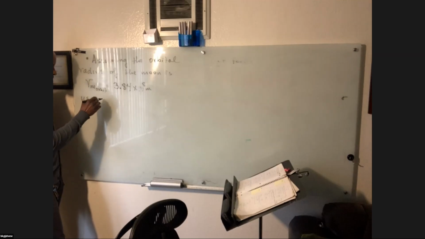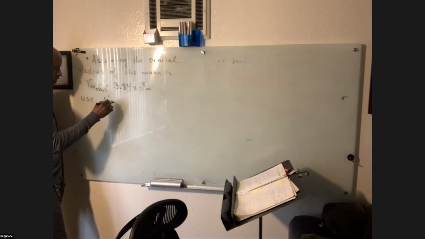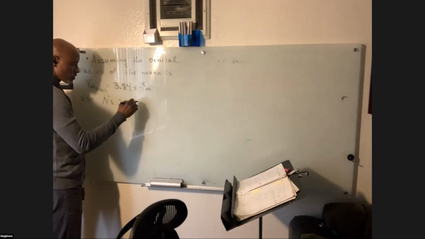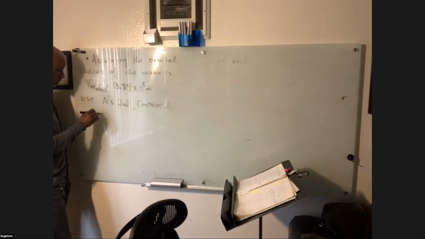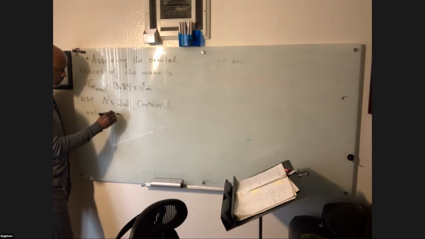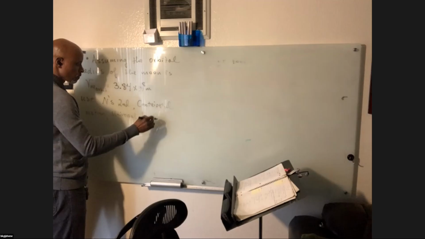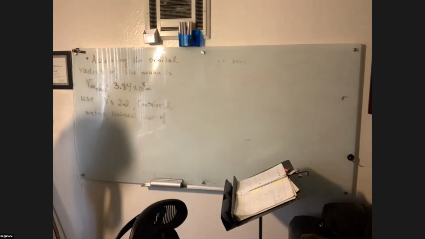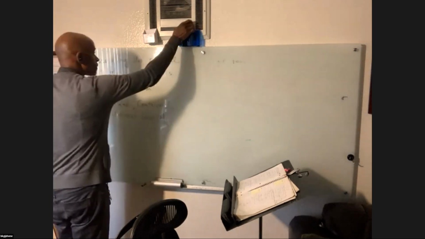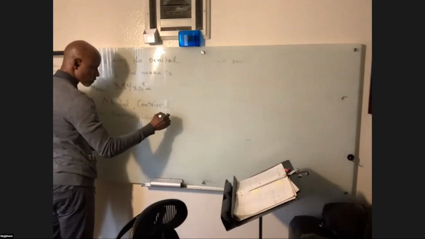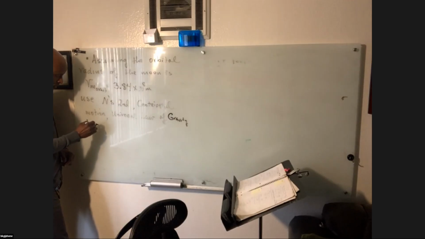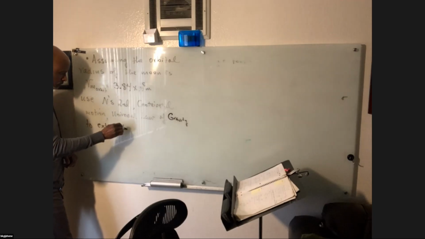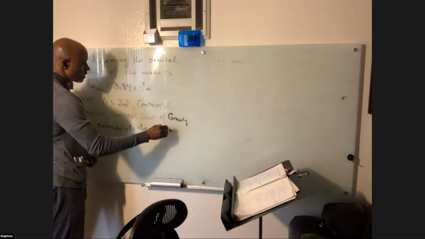Step 5 in the problem solving process: use Newton's second law, the concept of centripetal motion, and the universal law of gravity to determine the mass of the Earth.